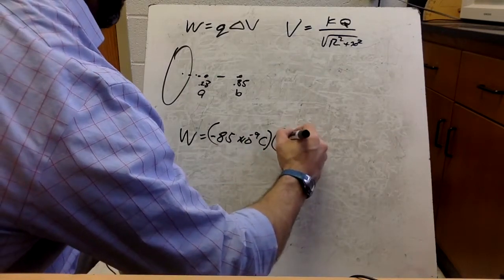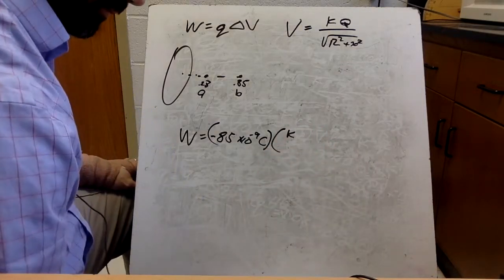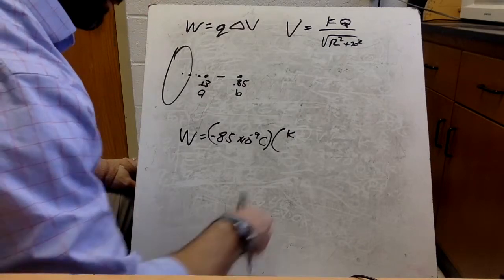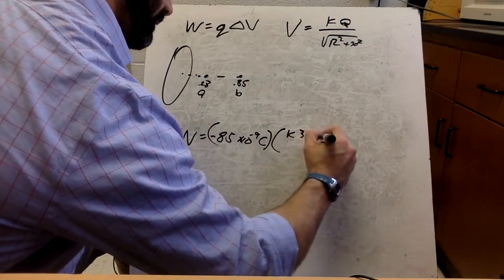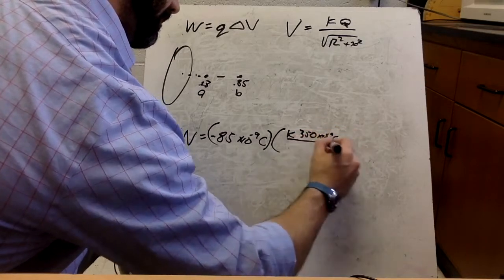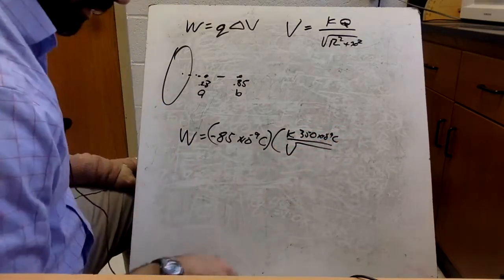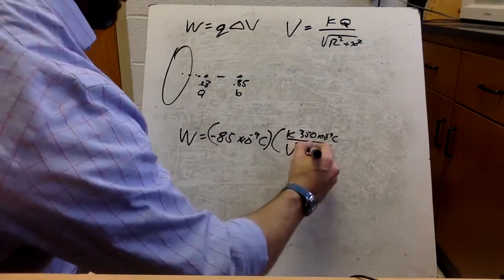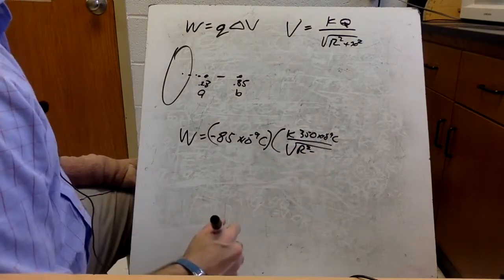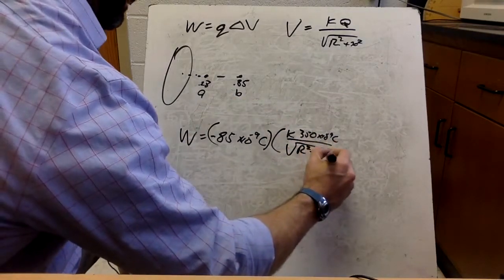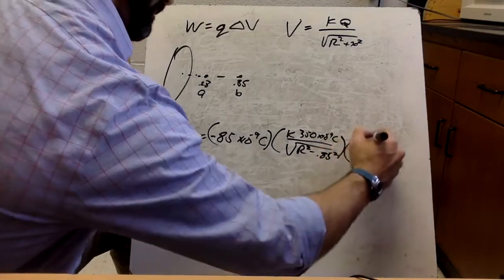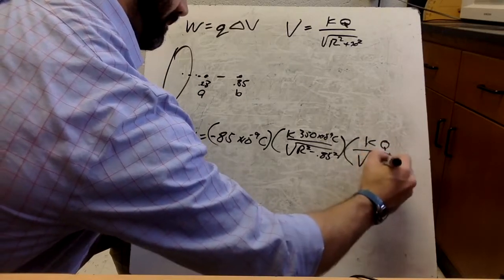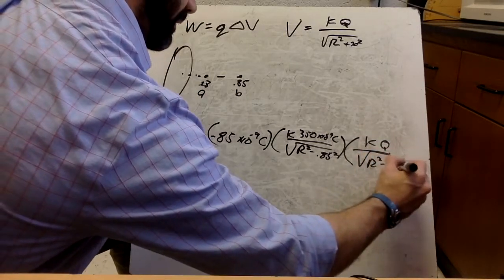So that's going to be KQ, the charge on the ring is 350 times 10 to the negative ninth, over the square root of R squared plus 0.85 squared for point B, minus KQ, that same Q, over the square root of R squared plus 0.28 squared.